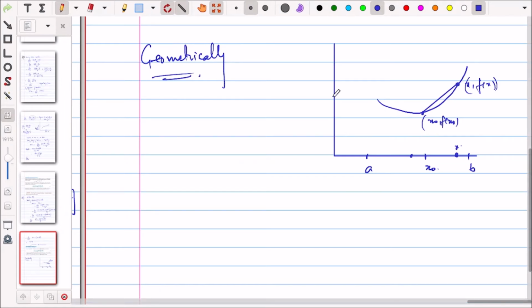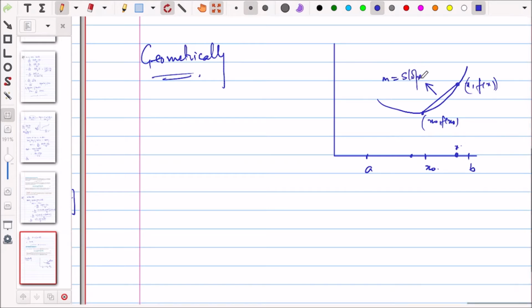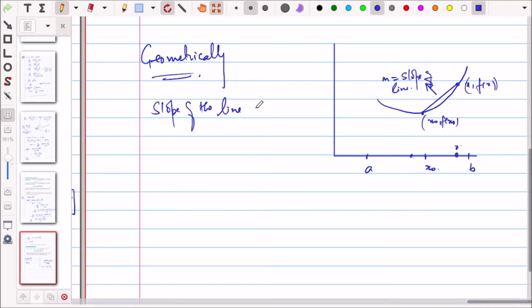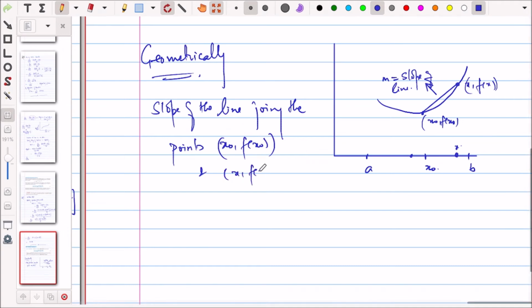Now what is the slope of this line? Slope of the line joining the points x0, fx0 and x, fx. What is the slope of this line?